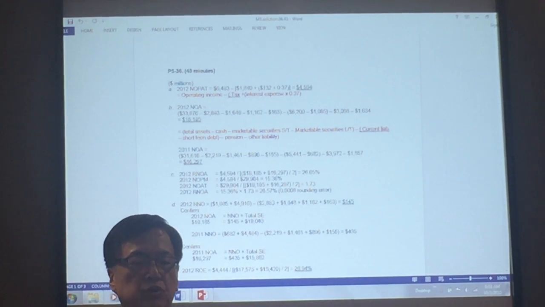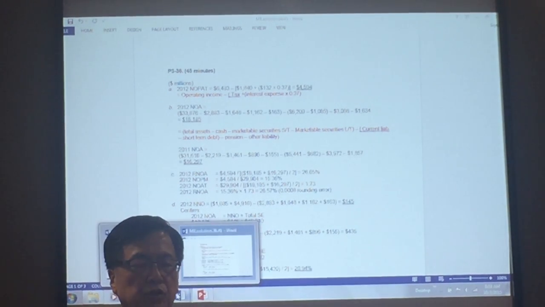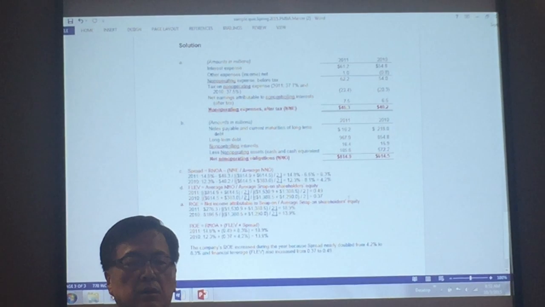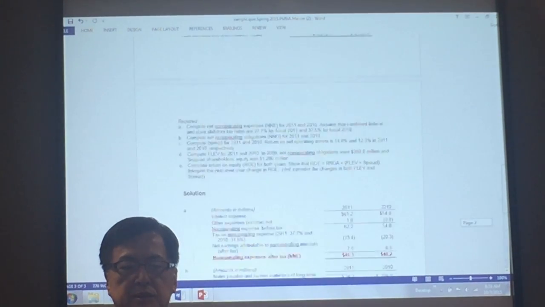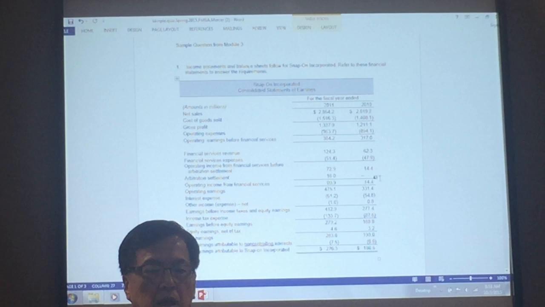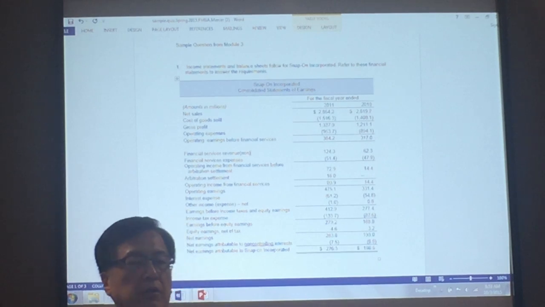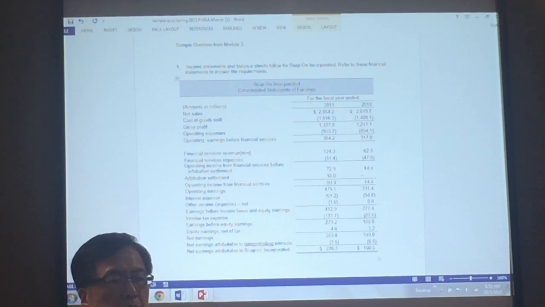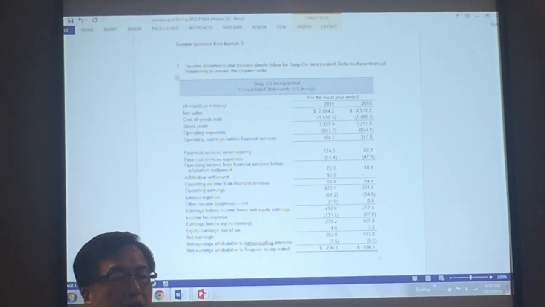So for your midterm exam next week, I will put here "none," okay? That is, financial service revenue will be non-operating revenue, right?